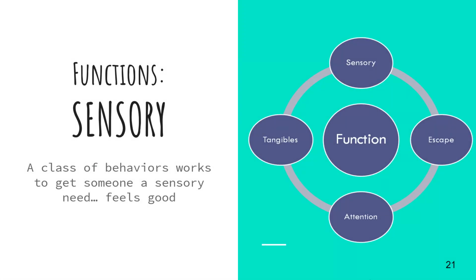Next, we're going to specifically look at our different functions, starting off with sensory. Sensory behaviors is a class of behaviors that work to get us something that feels good. It gives us a sensory need.